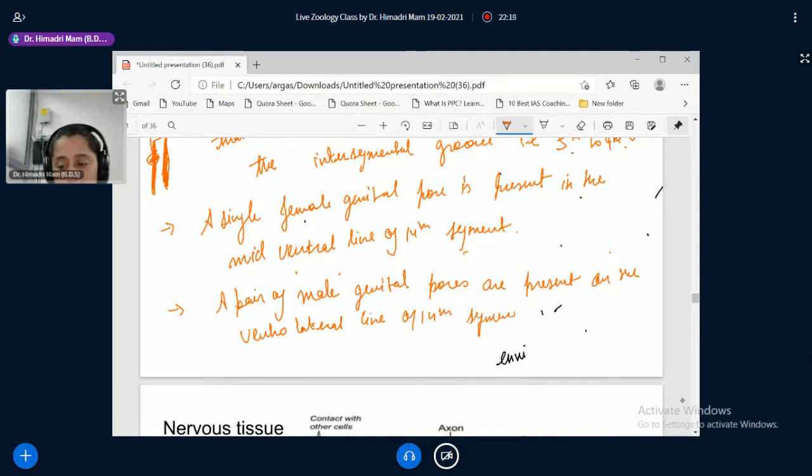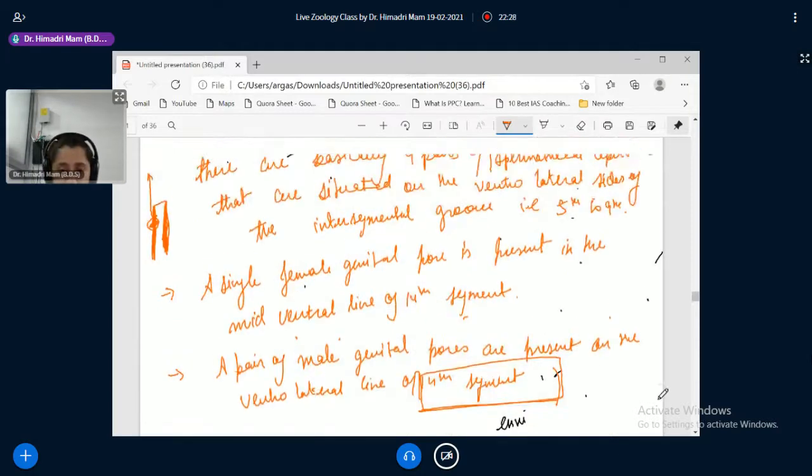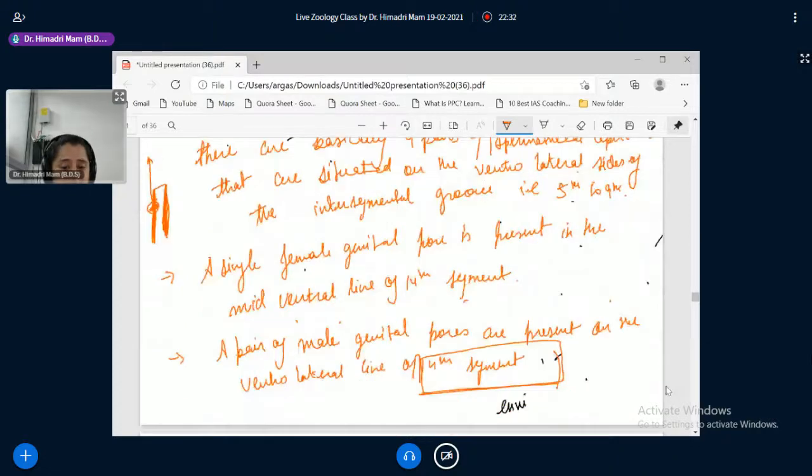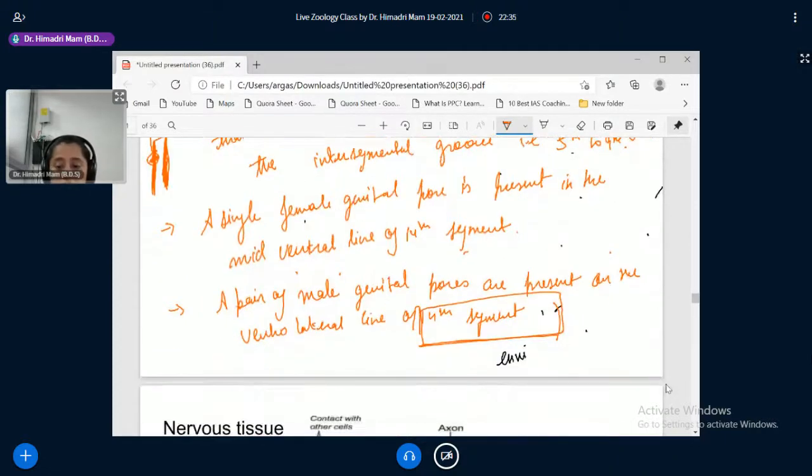Which segment? The 14th segment. Okay, people, always remember the segment and the aperture. Annelida have an organ level of organization, right?